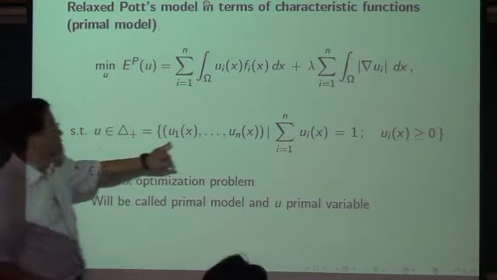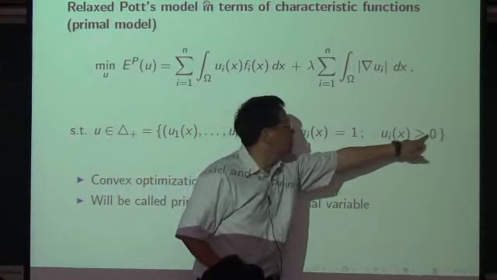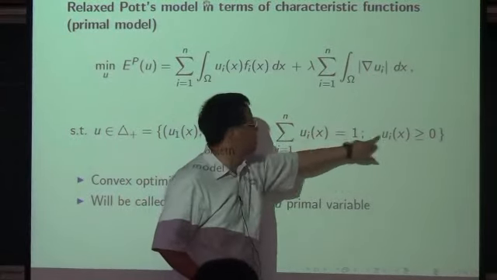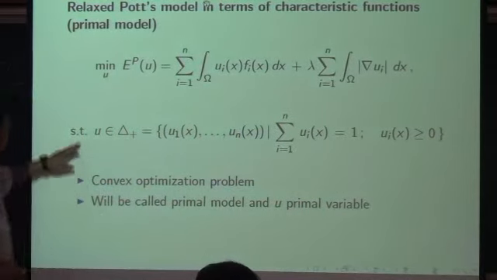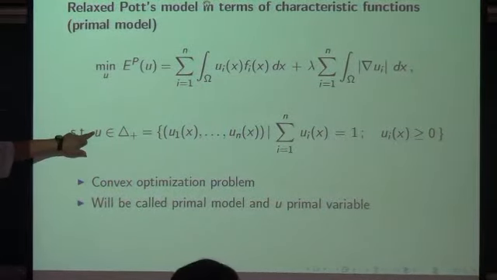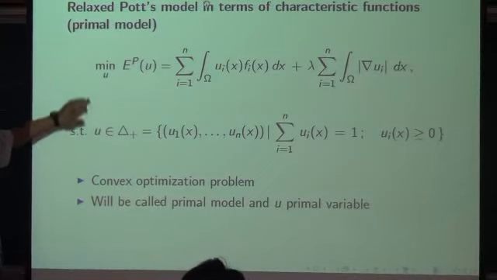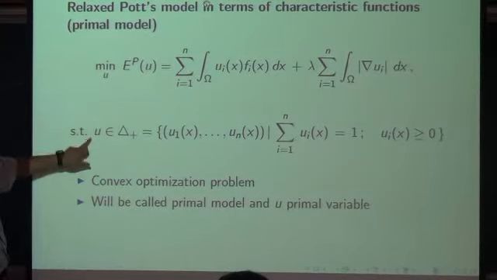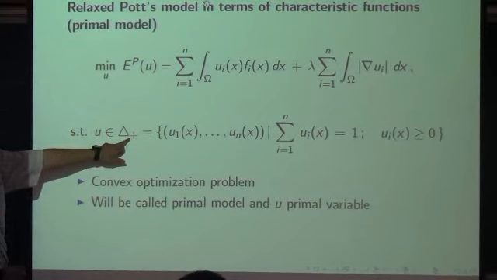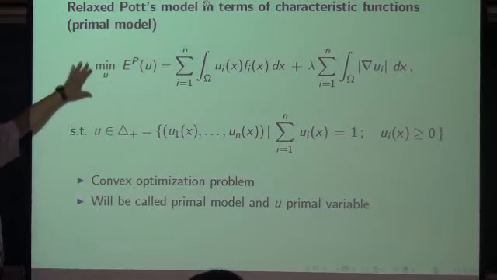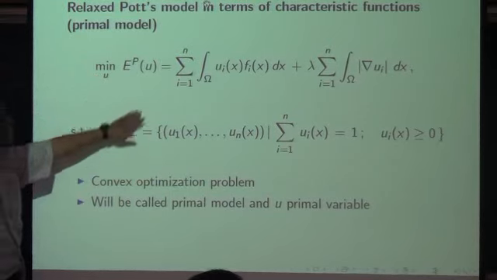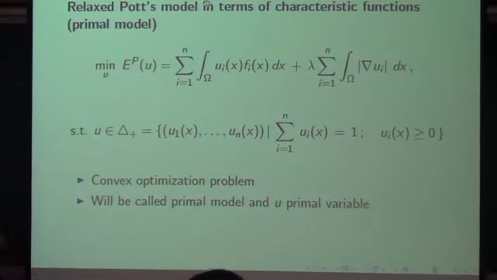So we define these ones here: the sum equals 1, and Ui is bigger than 0, so this exactly represents the triangle. Here we minimize, and this U should belong to the triangle. That's exactly the minimization we derived maybe two pages ago. So you minimize this one, you require U to be in the triangle, and this is the relaxed Potts model.